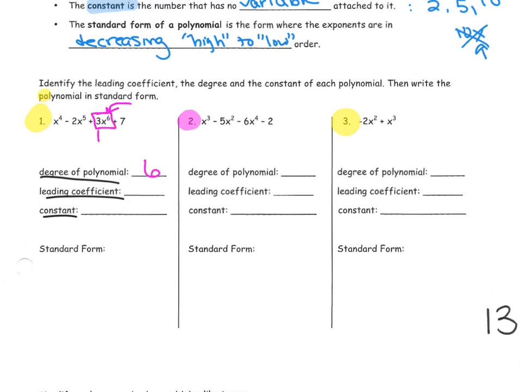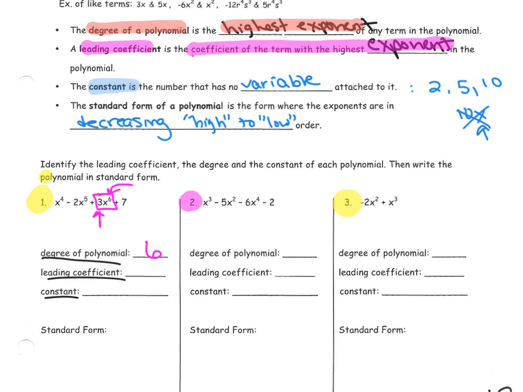Now, the leading coefficient is always attached to the term with the highest exponent, as I said earlier. So 3 is my leading coefficient. The constant is the number that's on its own, which is this positive 7. And now if I want to write this in standard form, we need to go from high to low order.